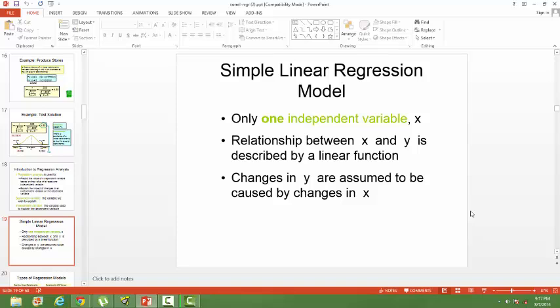Or maybe you might have heard about linear functions, like f(x) equals x plus 3. This is a linear function, but f(x) equals x square plus 2 is not linear; the relationship between f(x) and x is actually non-linear in nature, right?